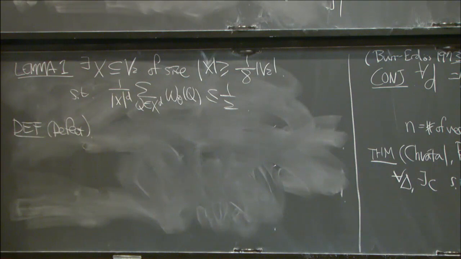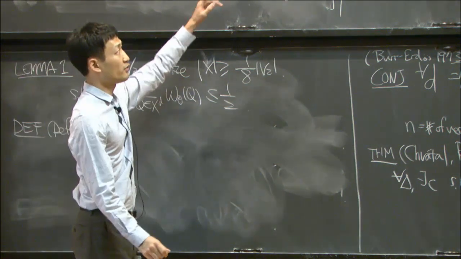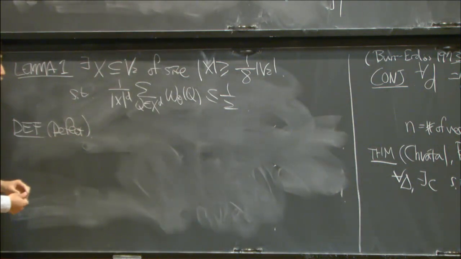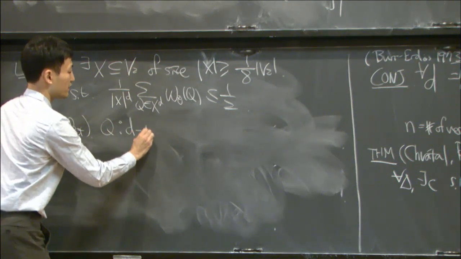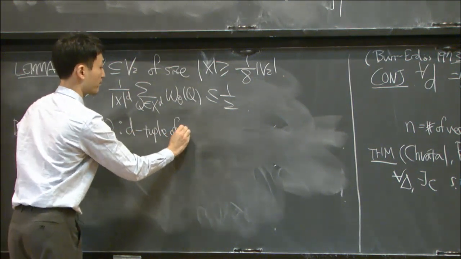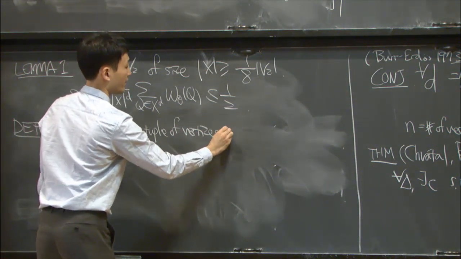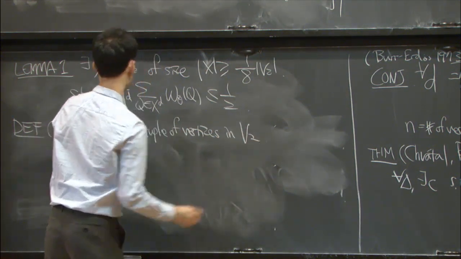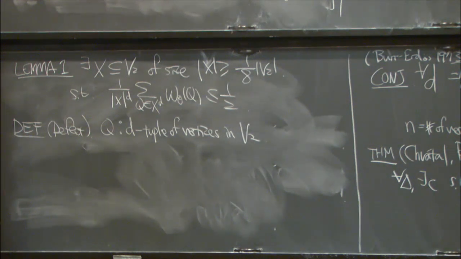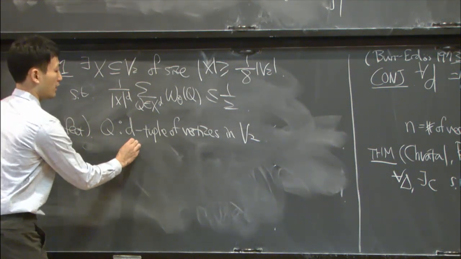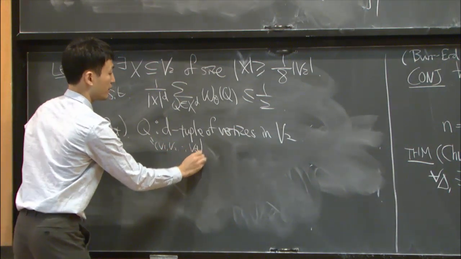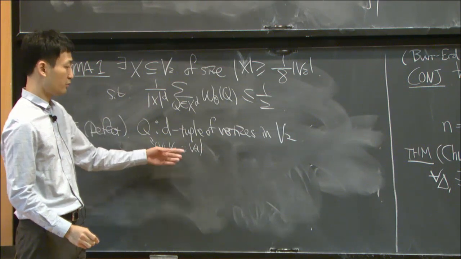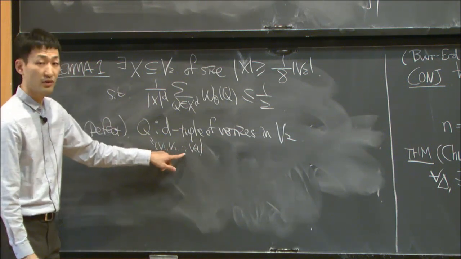So there's one concept that I have to use to prove the theorem. I named it the defect, but this concept already appeared in that paper. Let's say Q is a d-tuple of vertices in V2. I can write it down as v1, v2, up to vd. It's an ordered tuple of vertices, not necessarily distinct.